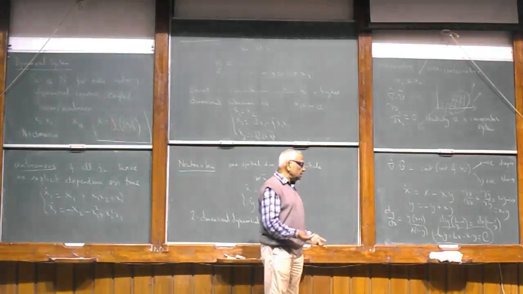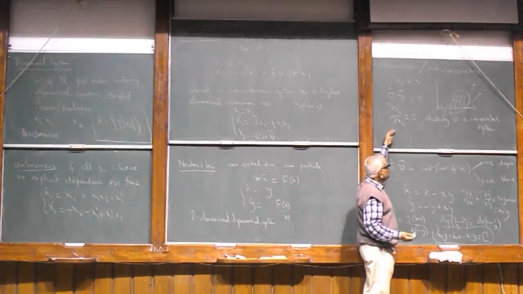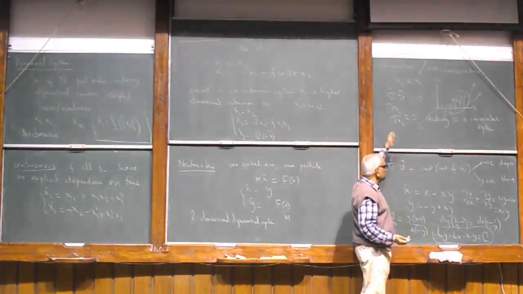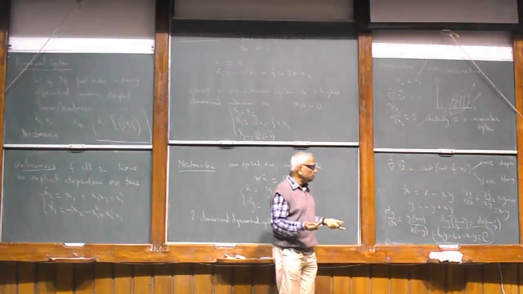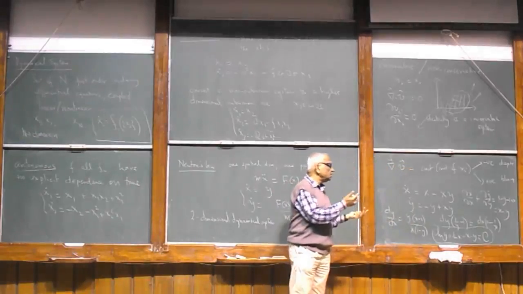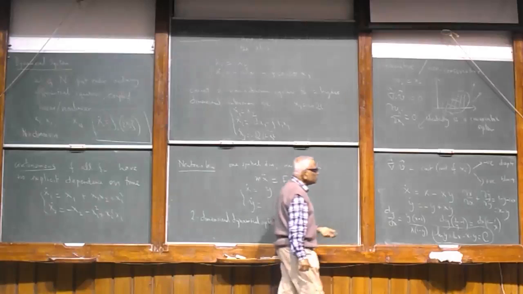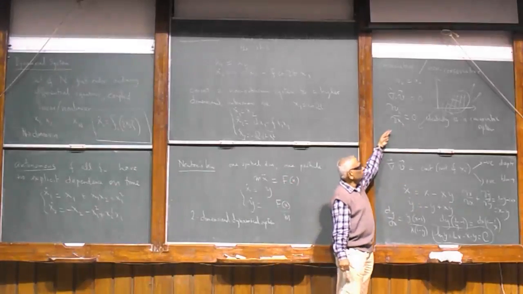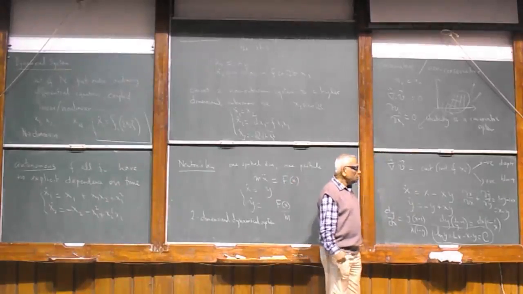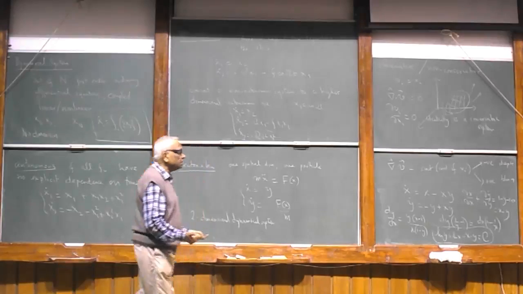What is the catch? Catch is that I have written this in an inconvenient set of variables. There would exist in general a nonlinear transformation which would be able to write this equation in a form from which this is going to follow. But that requires a certain amount of insight.